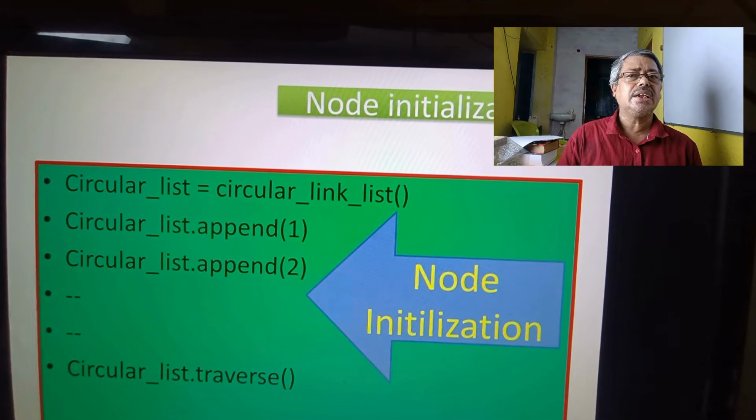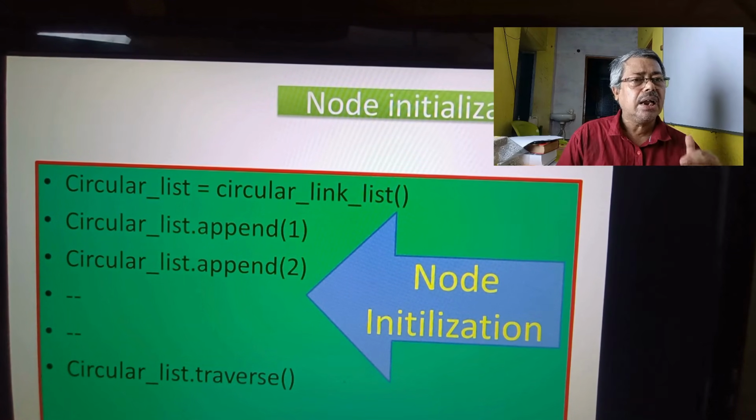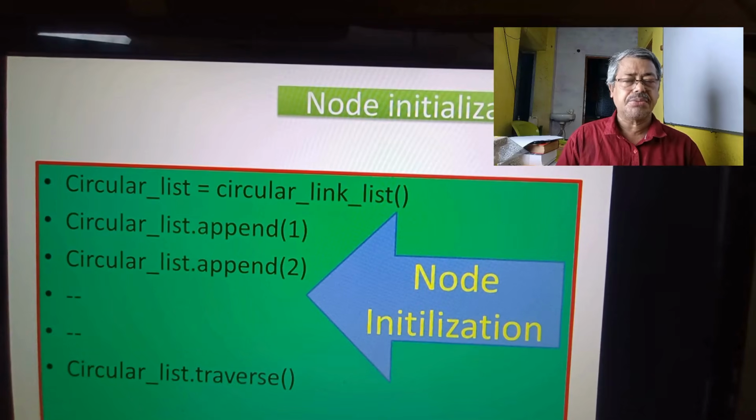When we initialize the value of each node, we can define any number of nodes in the circular linked list, from 1 to 10, and append the node and put it at the last of the linked list.